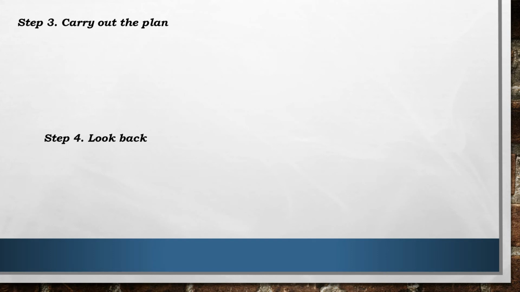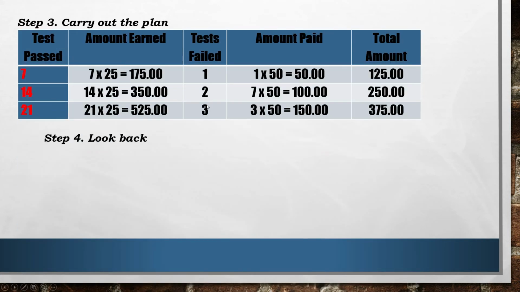Let's carry out the plan. We have here the table. If she passes 7 tests, that would be 7 times 25, 175 pesos. And then fail 1 times 50 is 50 pesos.